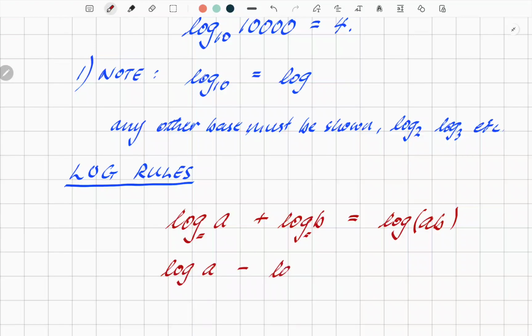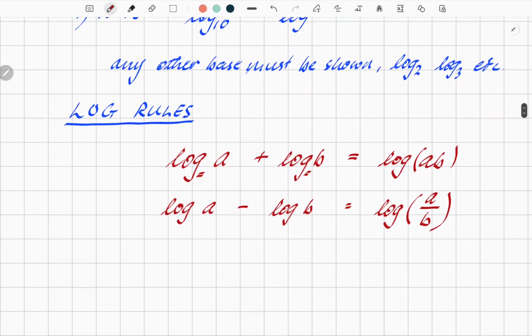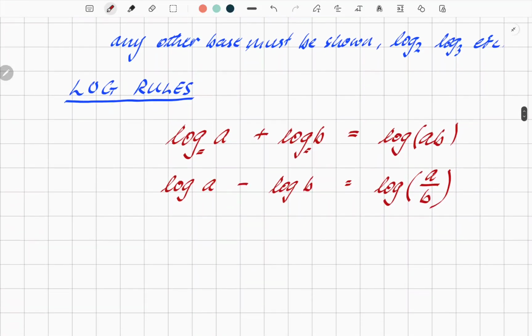All right. Then you have log A minus log B will be log of A divided by B. Okay? Combining them that way. All right? Then there's one other simple rule.